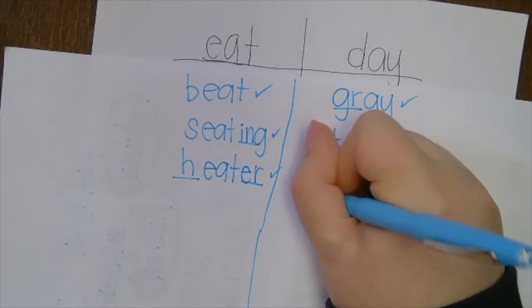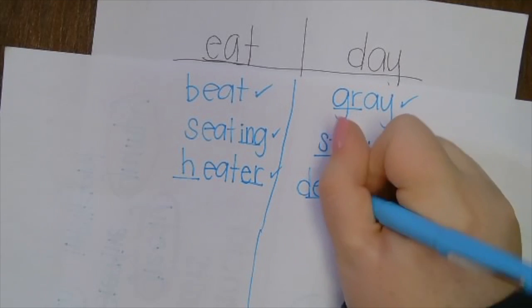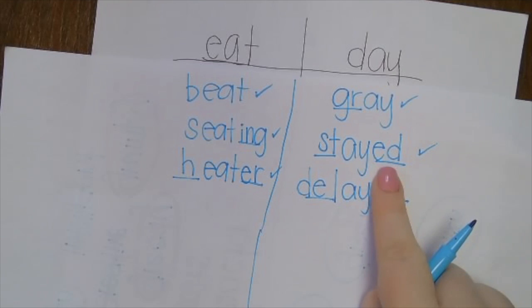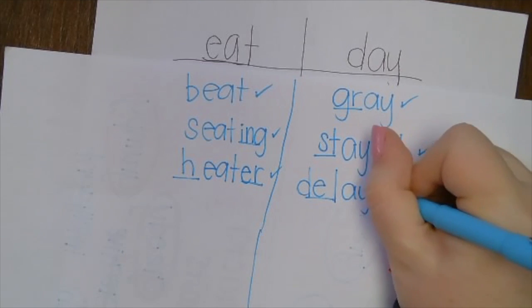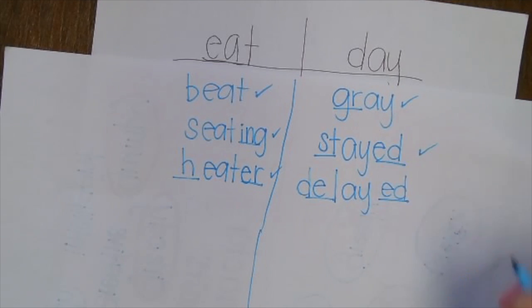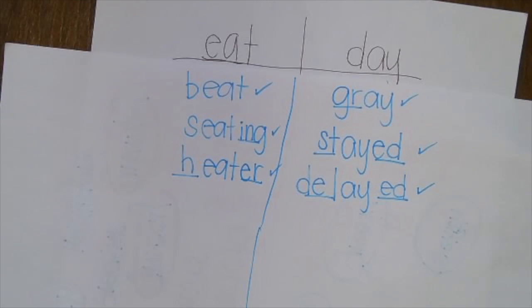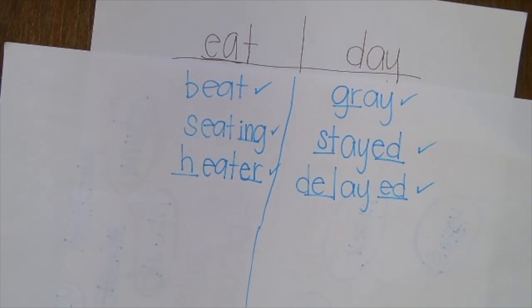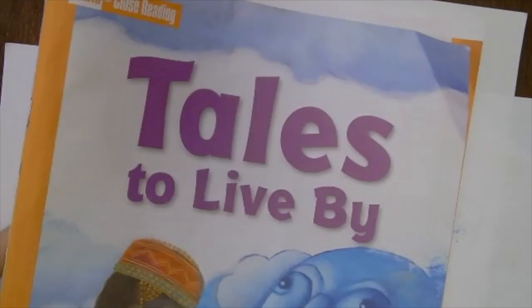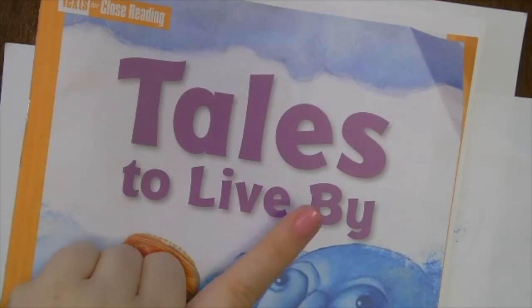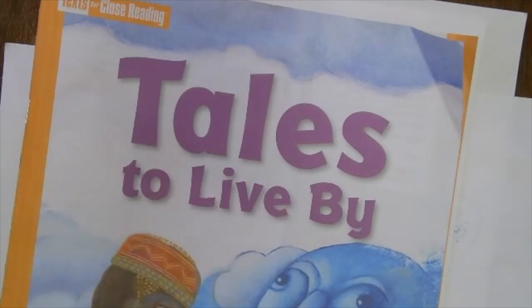I know it has that AY. Let's sound it out. D, D, D, just like stayed, I know that it's E-D. That's a big word. Let's say that together. Delayed. If you got that right, give yourself a star or a check.